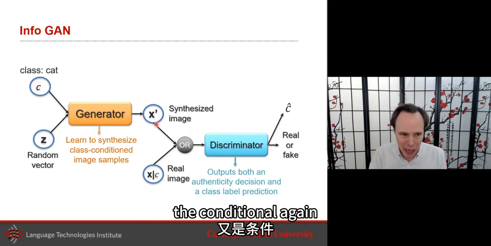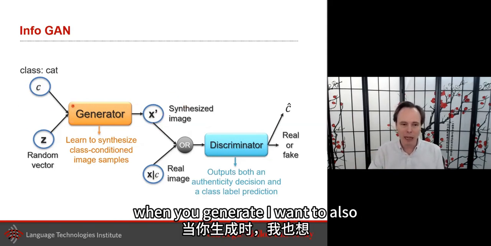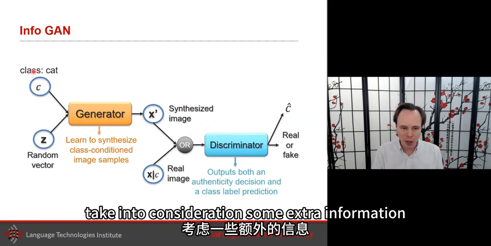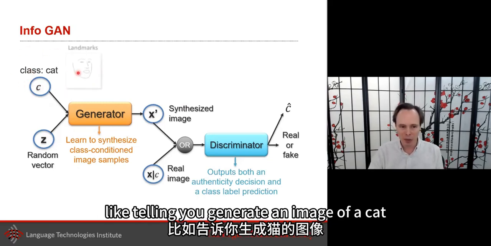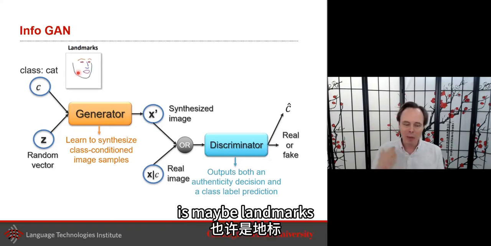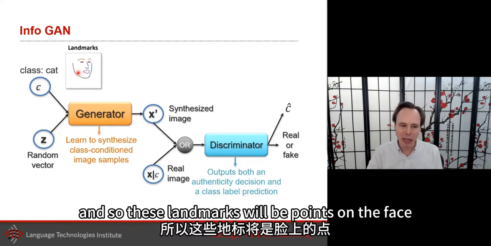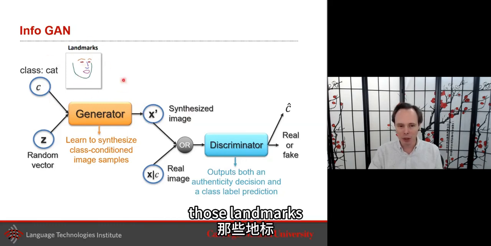The conditional GAN takes that a step further by saying, when you generate, I want to also take into consideration some extra information. Maybe it's a class, like telling you to generate an image of a cat, or in the case of the example that I showed earlier, maybe landmarks. These landmarks will be points on the face, and this will be given to you so that the generation of the image takes into consideration those landmarks.